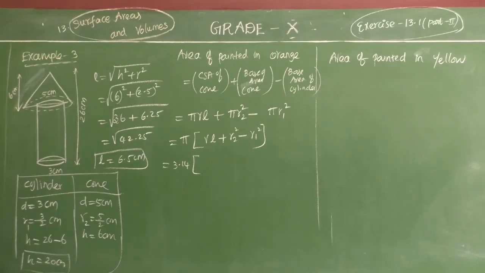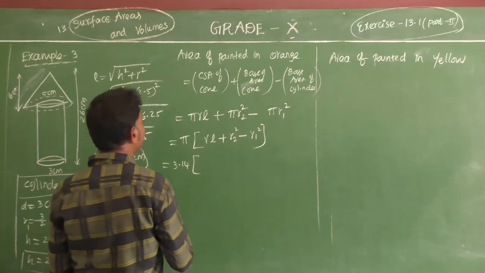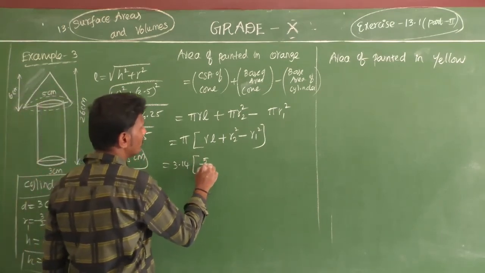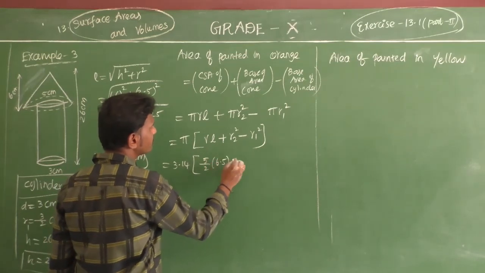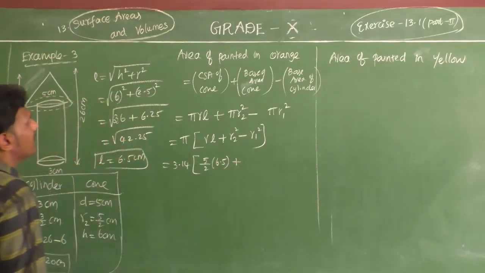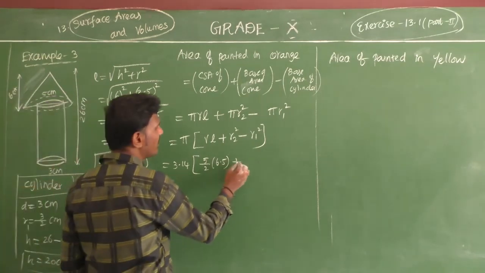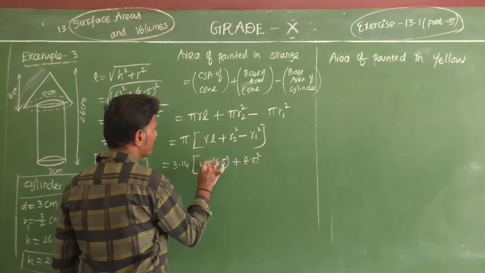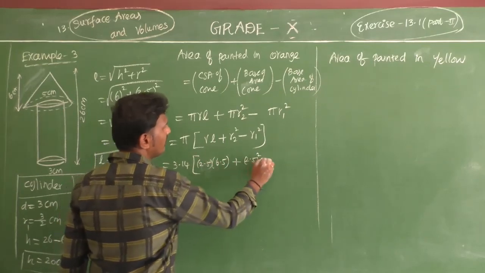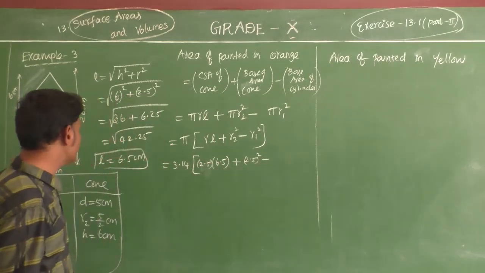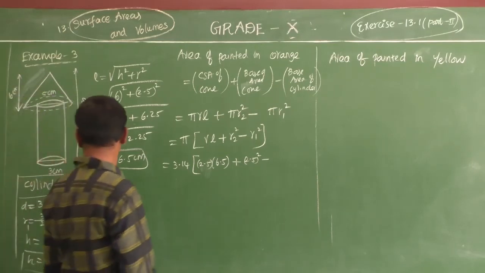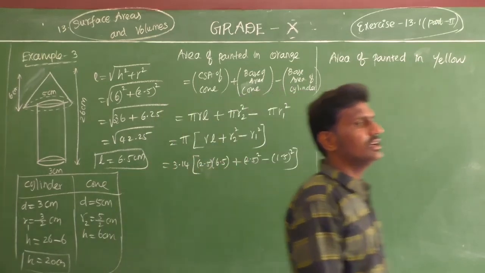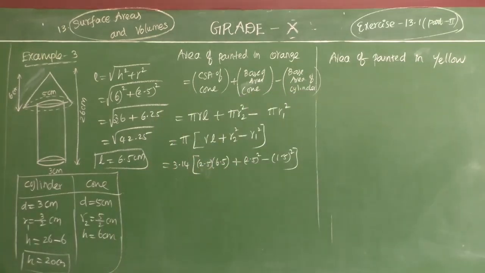The radius of the cone is 5 by 2, that is 2.5, into slant height 6.5, plus R2 square, 2.5 squared, minus R1 square, which is 3 by 2, that is 1.5, whole square. Now take the square of that.